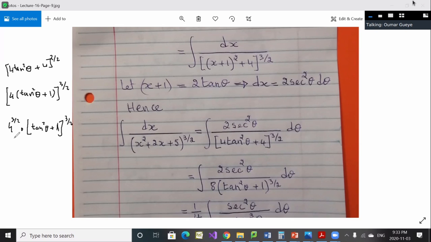Okay, and this term here is just equal to 4 to the power 1 over 2, the whole thing to the power 3, the same thing, right? And in the brackets, you can see tan squared theta plus 1 is exactly what I got here. And tan squared theta plus 1 is equal to secant square, as you know, to the power 3 by 2.